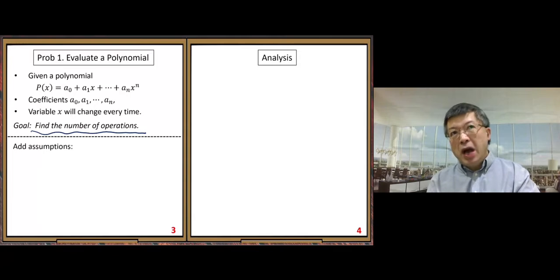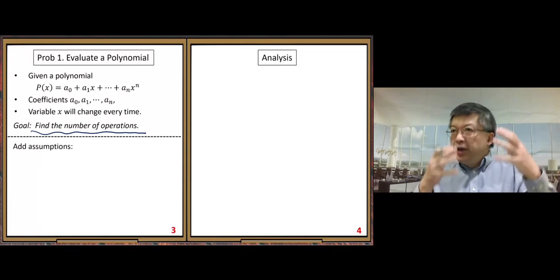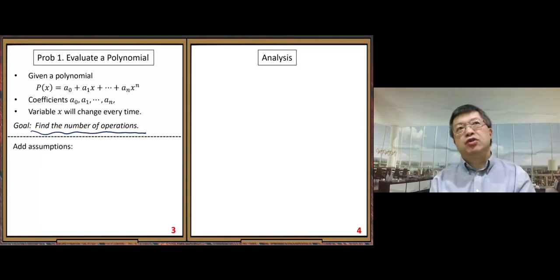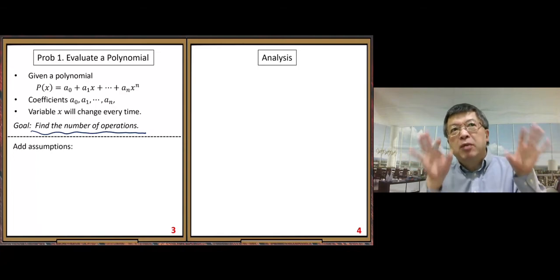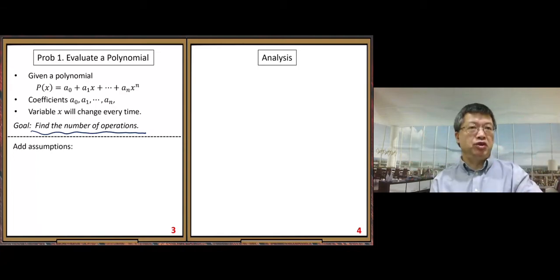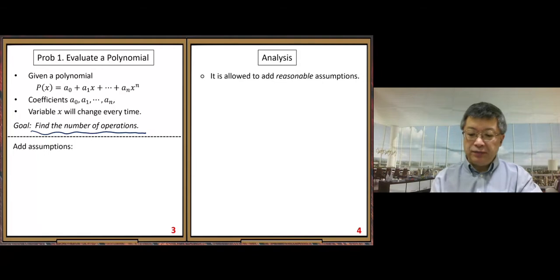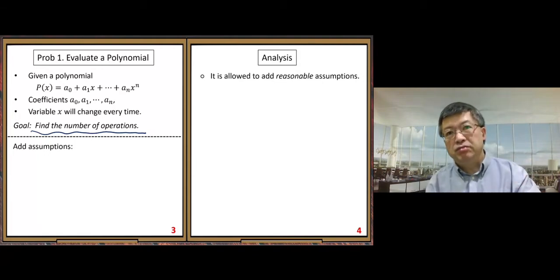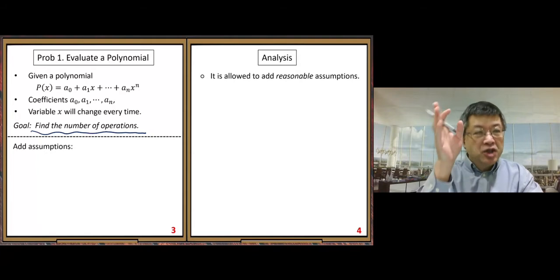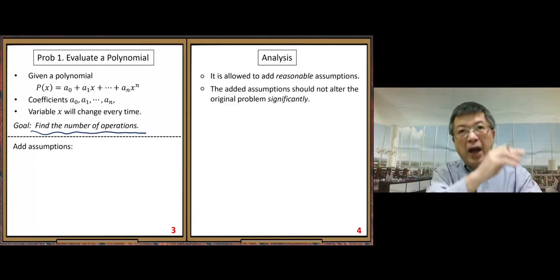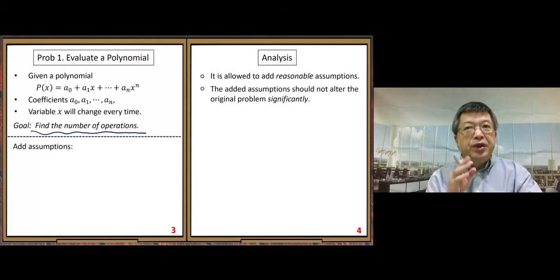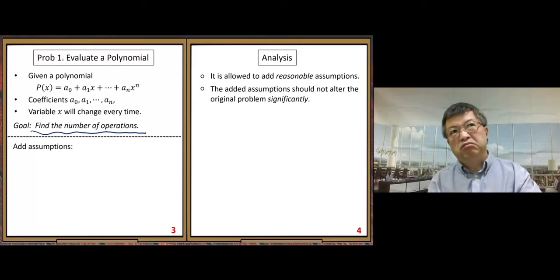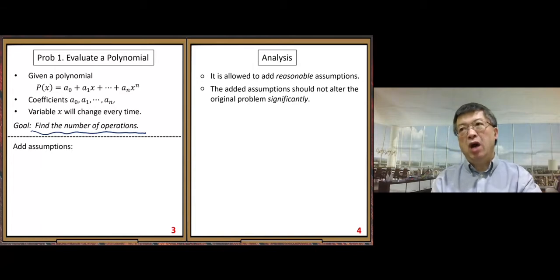So in order to get a better analysis, we may like to add some reasonable assumptions. So what do we mean by reasonable assumptions? The assumptions we are going to add should not alter the original problem significantly. You should not change the original problem.